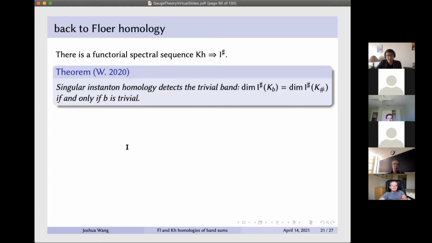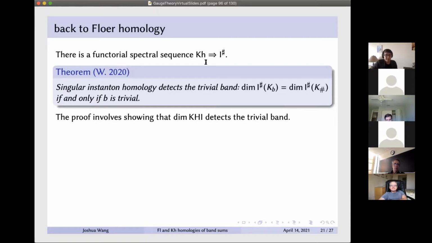I show that singular instanton homology detects the trivial band. Really the proof is that instanton knot Floer homology, defined using sutured manifolds, that version detects the trivial band. The singular instanton homology version is the one that has a functorial spectral sequence from Khovanov homology.